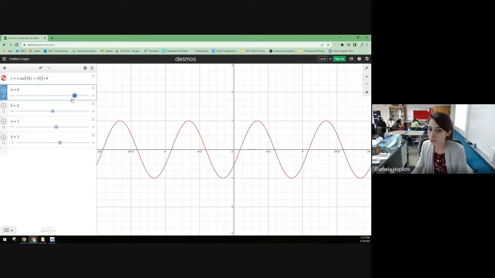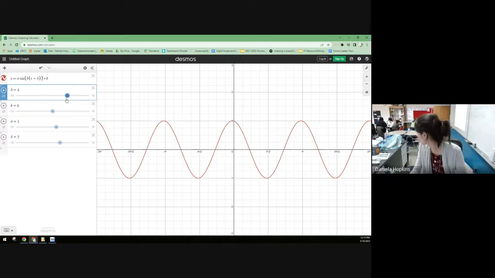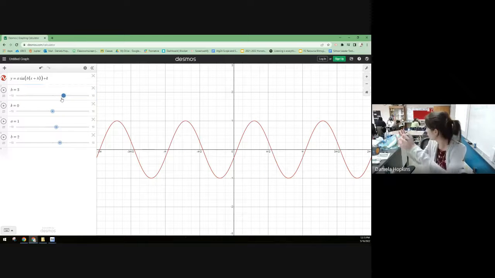So sometimes the shifts aren't going to look like they do anything, because it's just going to shift one of your periods over. But if you're graphing multiple periods anyways, you won't see that. Most of the time you'll see, like with this sine function, our y-intercept is totally different. So it does make it not fun in terms of labeling your x and y-axes. That's sort of a pain, but it's doable.